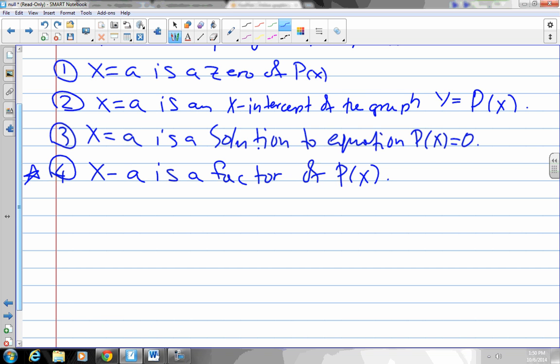If it is a factor, then it has to be 0, because you set your polynomial equal to 0, and so you set factors equal to 0, right? Going the other way is a little tricky, and this is kind of the glue that holds the fun sections together, the sections 4.3 and 4.4. So for those of you who are planning on doing those sections, you'll remember that statement. But for our purposes, all we really need are the first 3 right now to get a sketch, because we go from zeros to the x-intercepts and back.